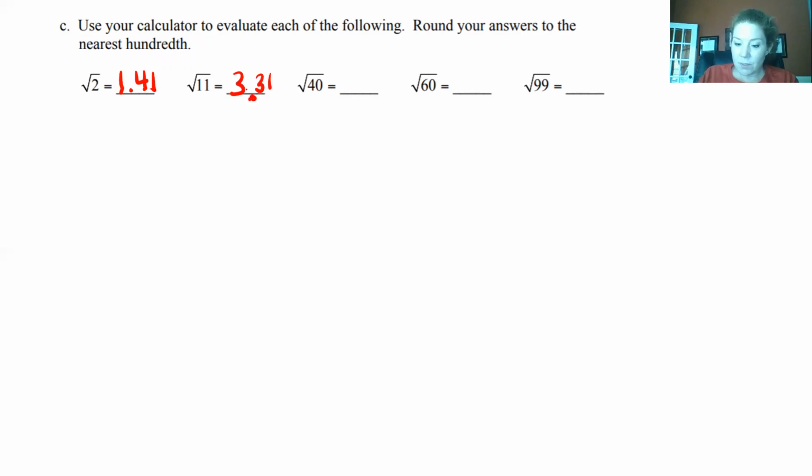Square root of 40 is 6.32. Square root of 60. All right, and then square root of 99, really close to 10, 9.9. Okay, oh, hundredths, whoops. I did them all but that one.